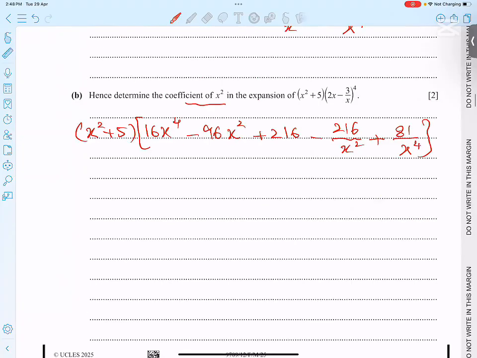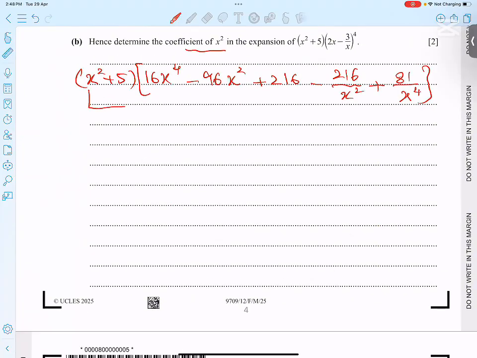And I'm looking for the x squared coefficient. So this multiplied with this, I'll get an x squared term. So I get 216. I'm just writing the statement: terms involving x to the power 2. So I got 216 x to the power 2 here.